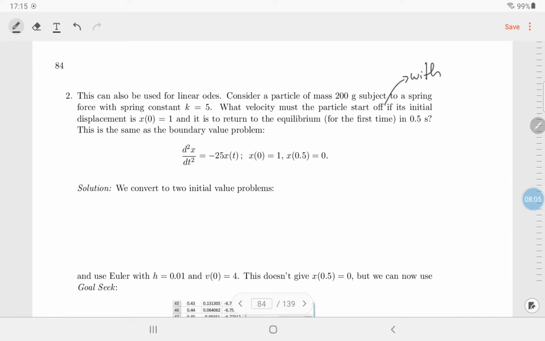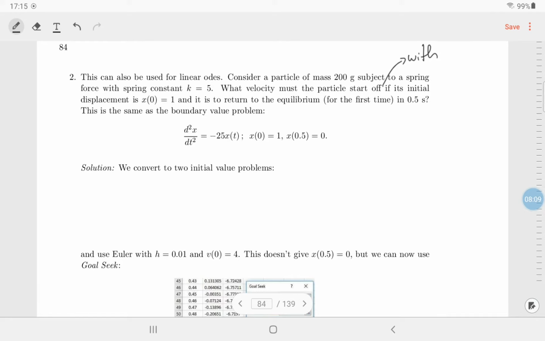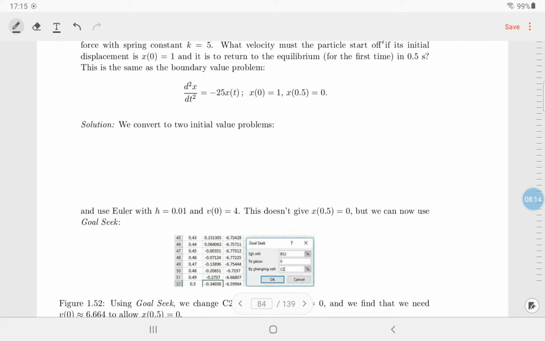Yeah, so this is kind of like design again, really. Like if you want to think about what this is, a spring that is supposed to close in half a second. So as usual, convert it to initial value problems. So you let v equal to dx/dt, and then differentiate both of these with respect to t.